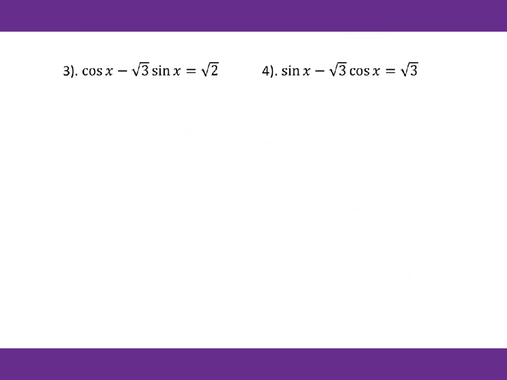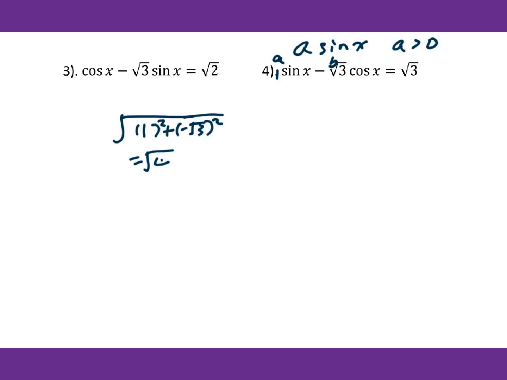Let's go to number 4. For number 4, we already know that's a sin x in front, and this A is greater than 0. So you don't have to do any change. And we got A equals 1 and B equals negative square root of 3. So we got square root of 1 squared plus negative square root of 3 squared. That's square root of 4 equals 2. Therefore, I divide by 2.